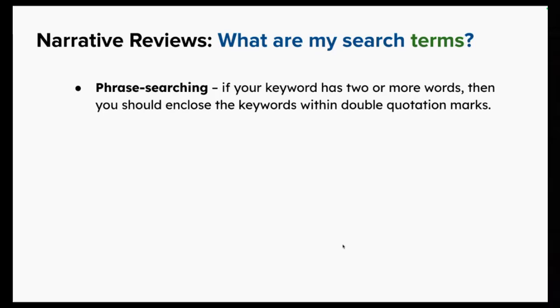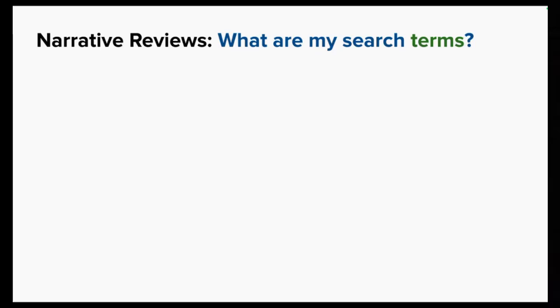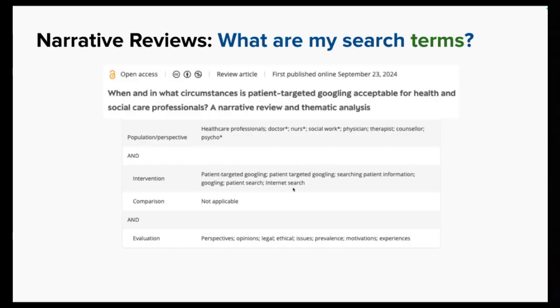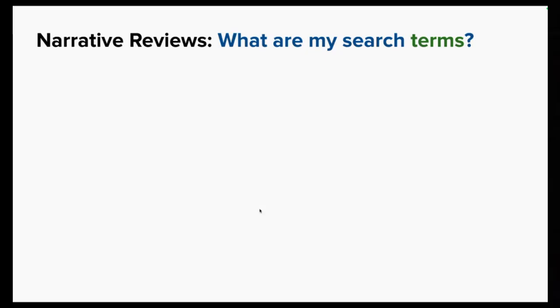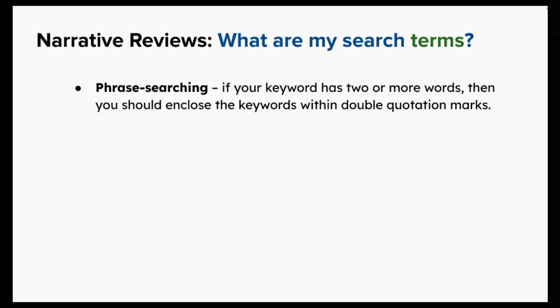So phrase searching, going back to, I think the example here was Googling. Patient targeted Googling is actually a single keyword, but obviously there are multiple terms in it. And that's typically something called phrase searching. When you put phrases into a database search box, so to speak, it's usually very important to include double quotations.